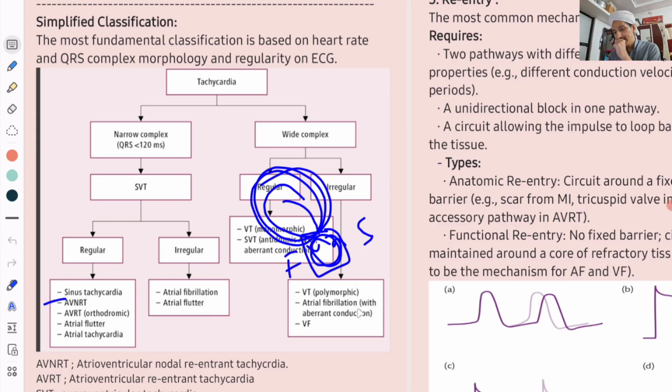So what you will see in the ECG for this classical form is that the P wave will be submerged in the QRS complex. You will not see any P wave. Either you will not see the P wave, or you will see the P wave in the form of an R dash wave.